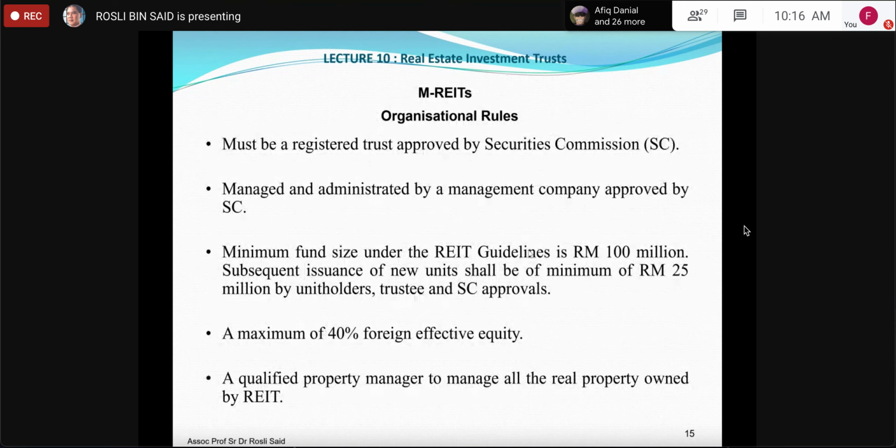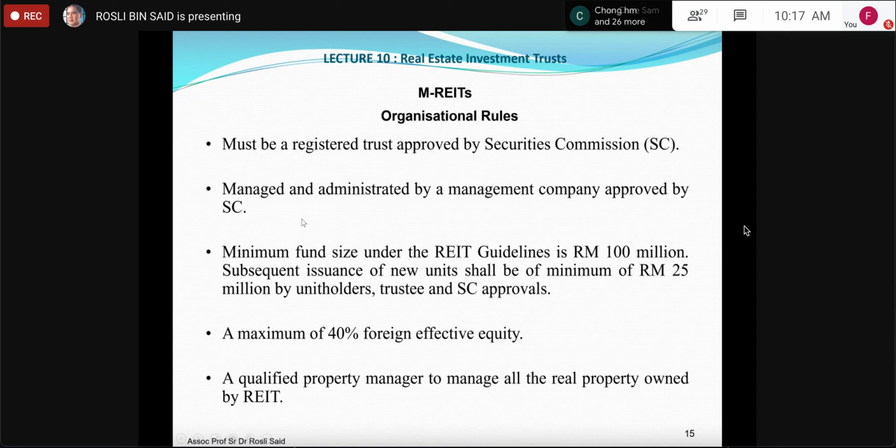Under Malaysian rules, this company must be a registered trust approved by the Securities Commission. So the SC, Securities Commission, will control the REIT company, and it is managed and administered by a management company approved by the Securities Commission. Management companies means real estate firms or registered property managers, which must be approved by the Securities Commission.